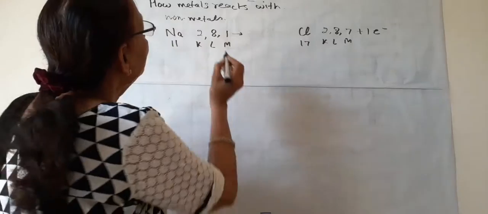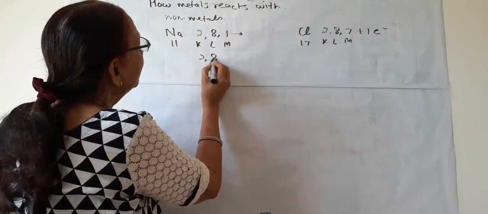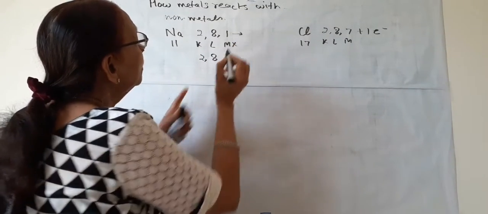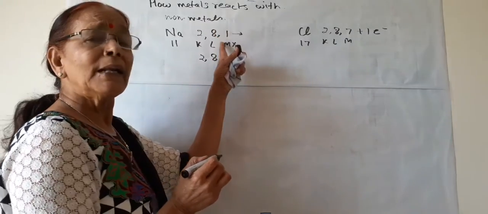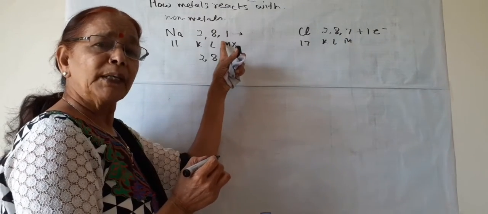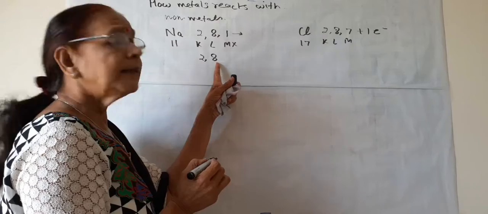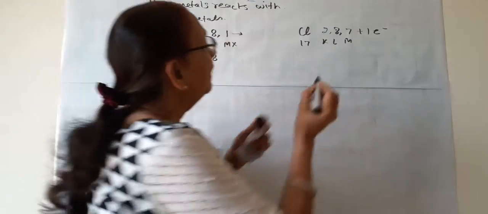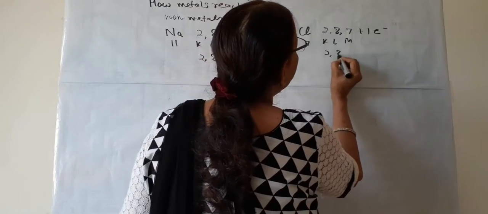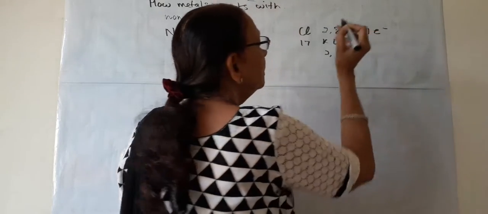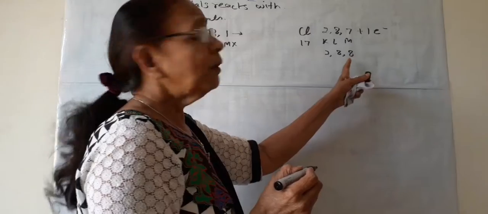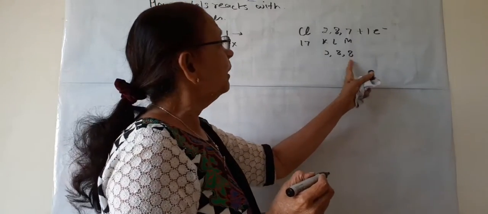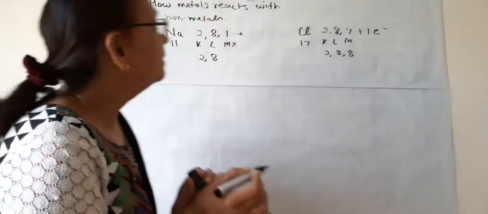And sodium will have only 2 and 8, as M will be gone and the L shell will be the last shell, and now it will become the valence shell, and 8 is an octet. According to the octet rule, this will be stable. And here if one electron is taken, it will also be 2, 8, 8, and it will also be stable.